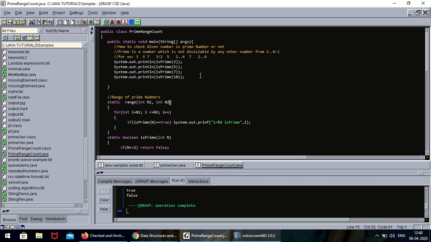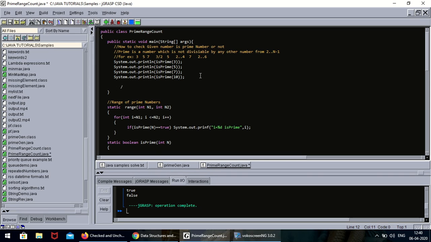Right, let's find out between, the range is wide, 10 and 20. Suppose how many prime numbers are there between 10 and 20?